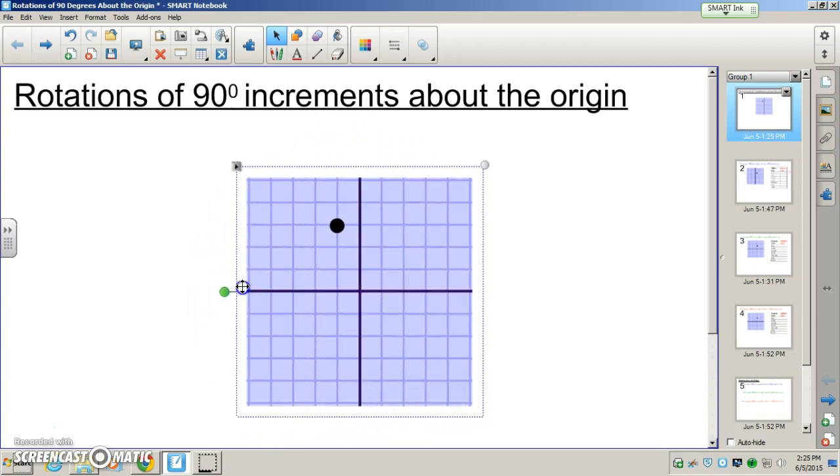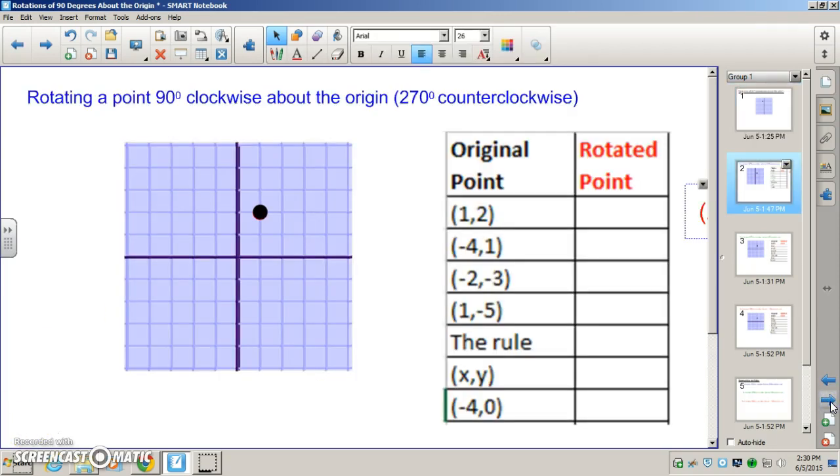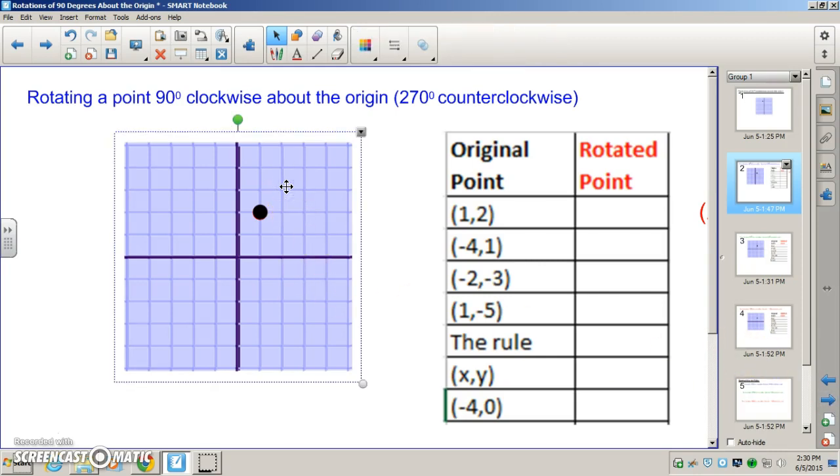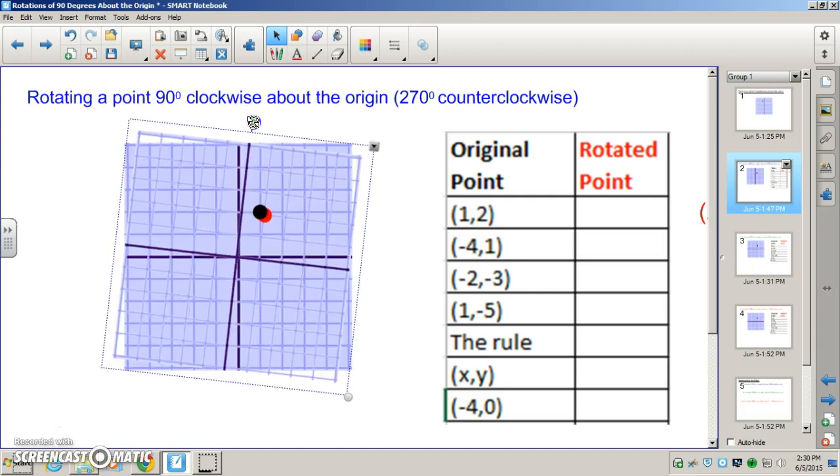So in the next couple slides, I'll try and rotate a dot, keeping one grid permanent as I have another grid that's transparent. I'm going to start with the point 1, 2, and rotate it 90 degrees clockwise about the origin. I added a couple more visuals to this. As I rotate 90 degrees clockwise, there it goes.